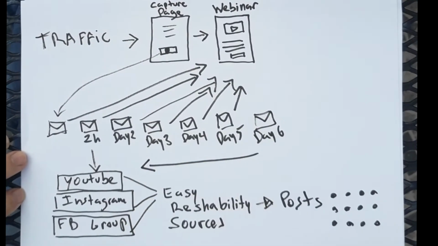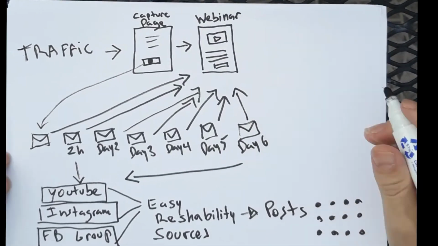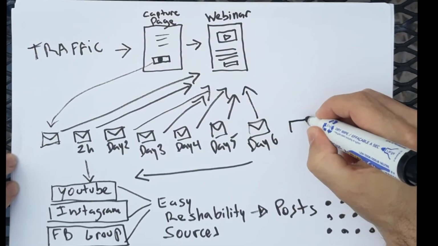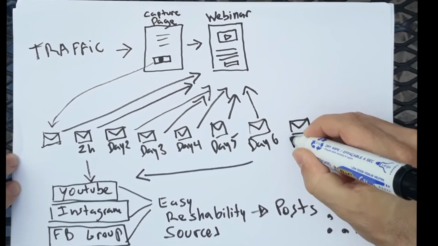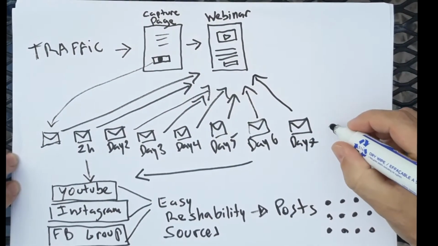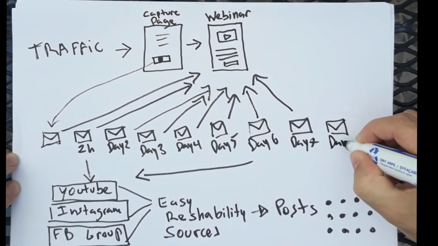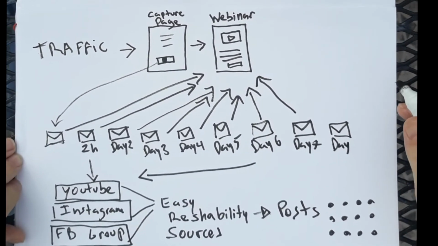And on day 6, again, I send them back to the easy reachability sources and also to the webinar. Very important that I'm sending them to my social medias. That way I can reach them down the line and build that know, like, and trust. On the 7th day, again, I send them to the webinar page.